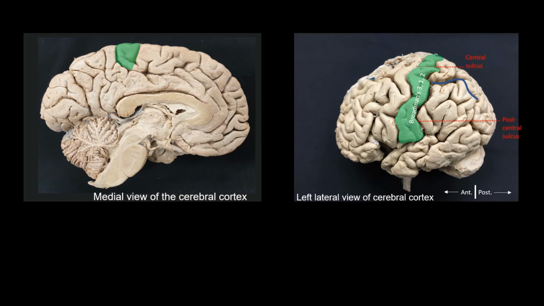This sensory information is then analyzed in the sensory cortex, and it is then passed forward beneath the central sulcus to the primary motor cortex right in front, over here in the precentral gyrus, where it then greatly influences the control of skeletal muscle activity.